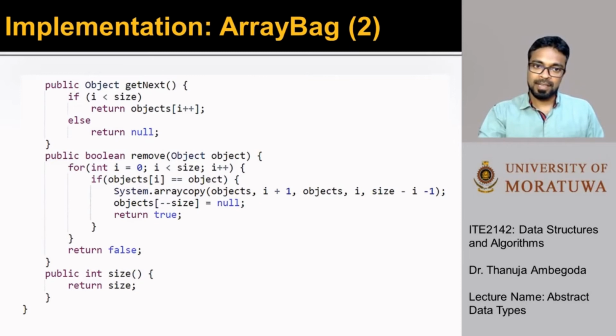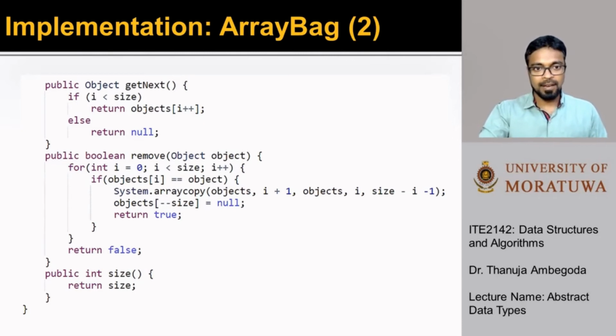And if you have reached the limit of the array and there are no more objects, it returns null. That's how the get next method works.